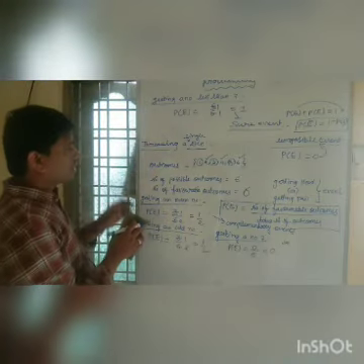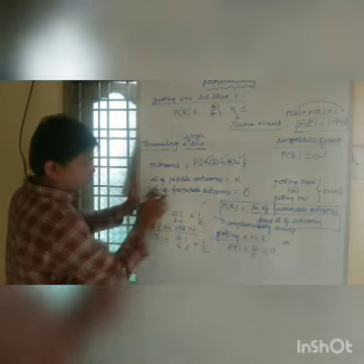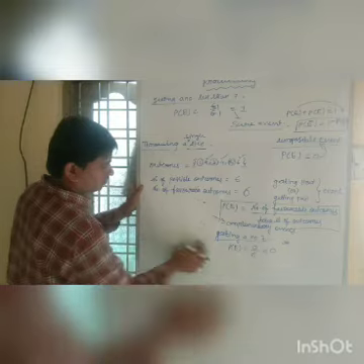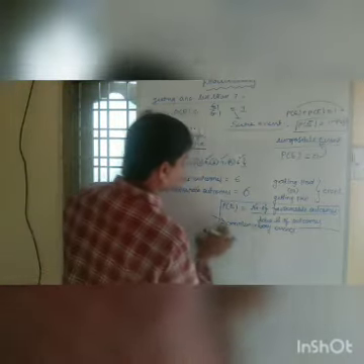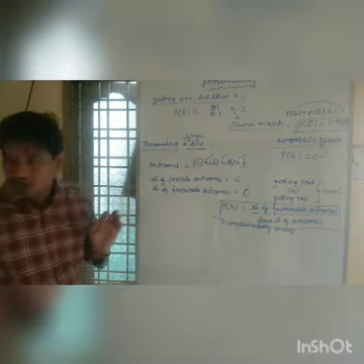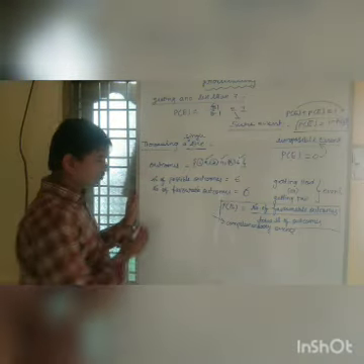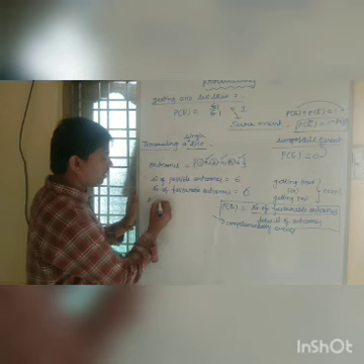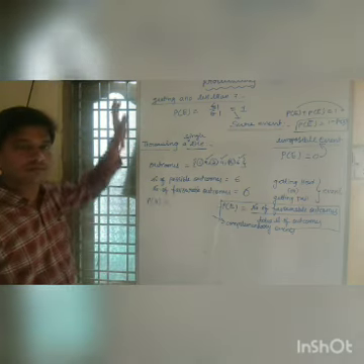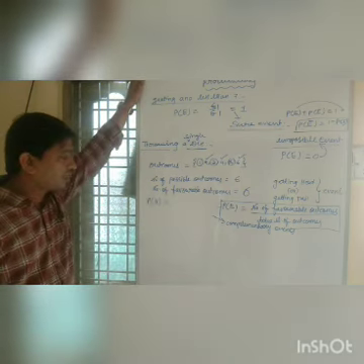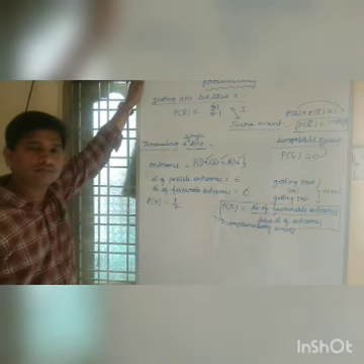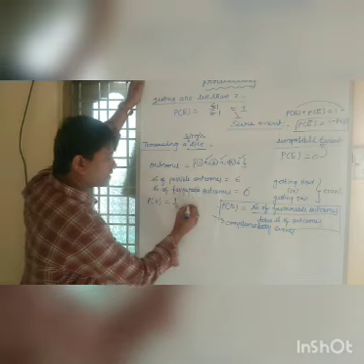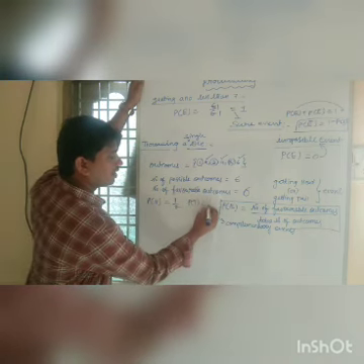Now my question is, as we know, when we throw a single coin, what is the probability of getting a head? The probability of getting a head is 1 by 2. And when we throw a single coin, the probability of getting a tail is 1 by 2.